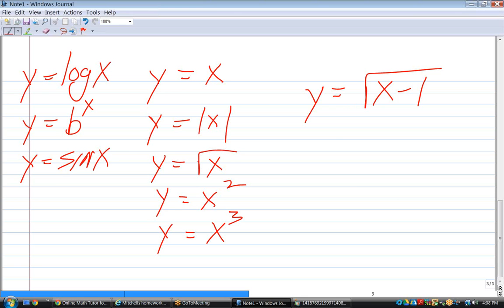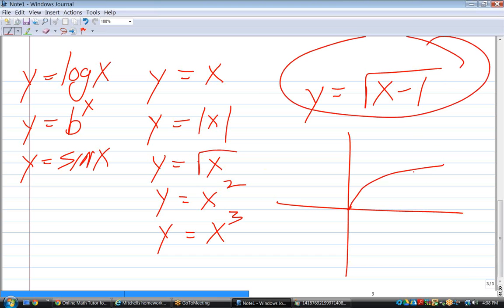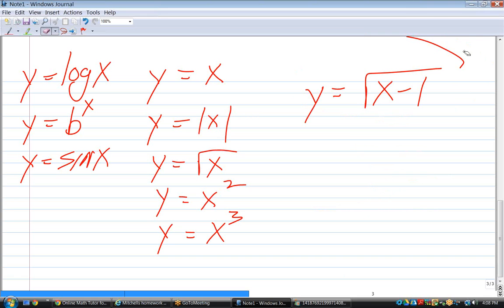Is it just moving right one? This elementary function looks like this, but this function starts 1 unit to the right and looks like that. So no matter what function they give you, it's almost always a transformation of one of these 8 parent functions.